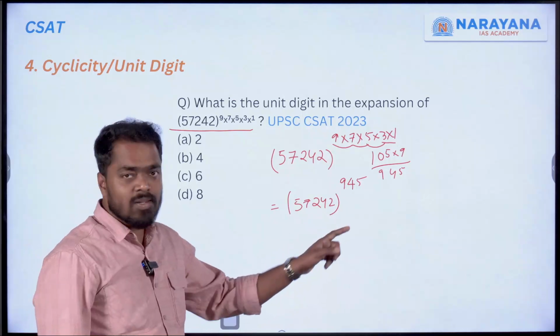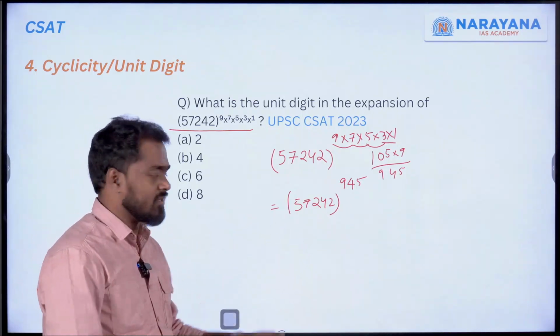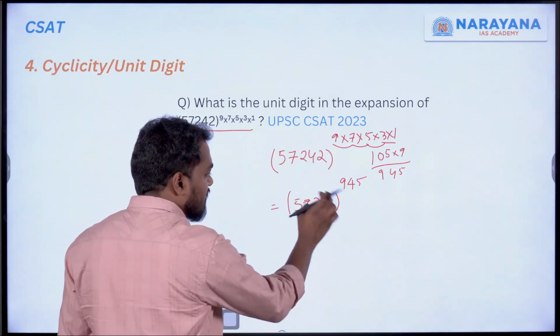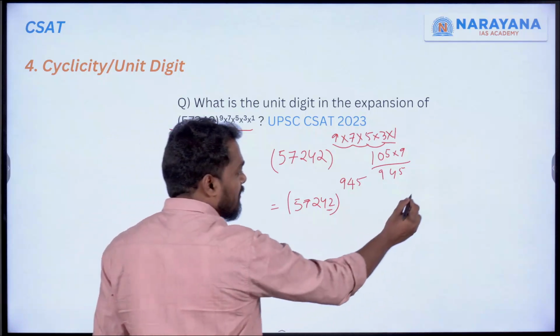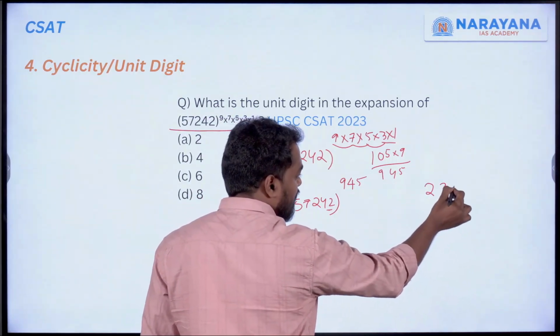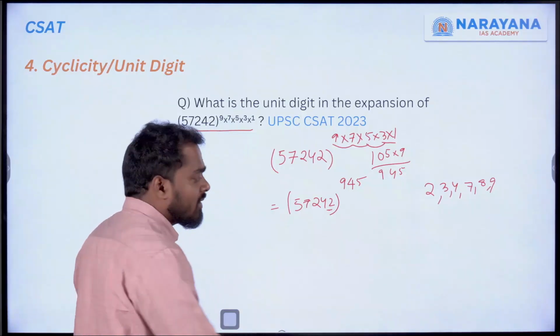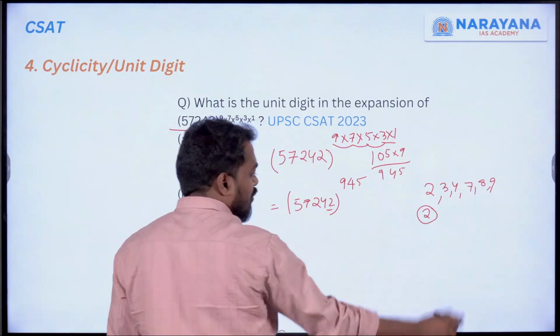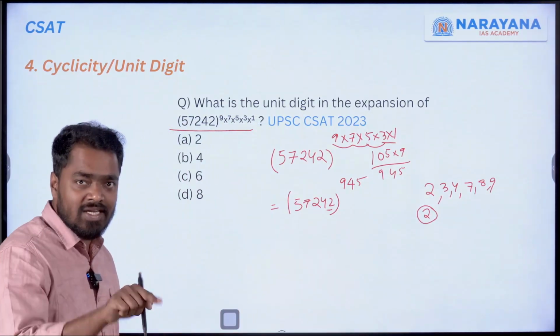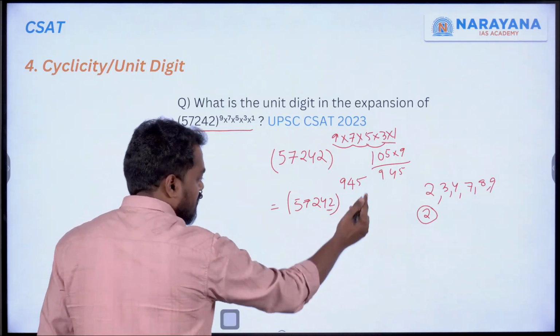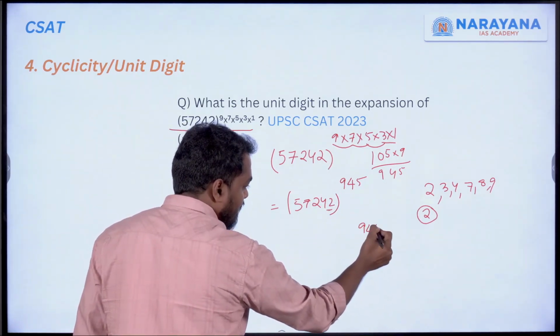Now this is the base to the power kind of question. What is the base unit digit? 2. If the base unit digit is 2, 3, 4, 7, 8, 9, which rule do you have to apply? The second rule. So what does the second rule say? Take the power, divide it by 4. So what is the power? 945.